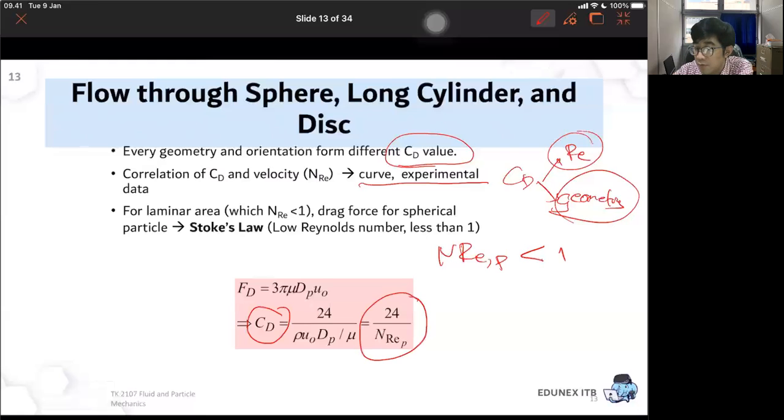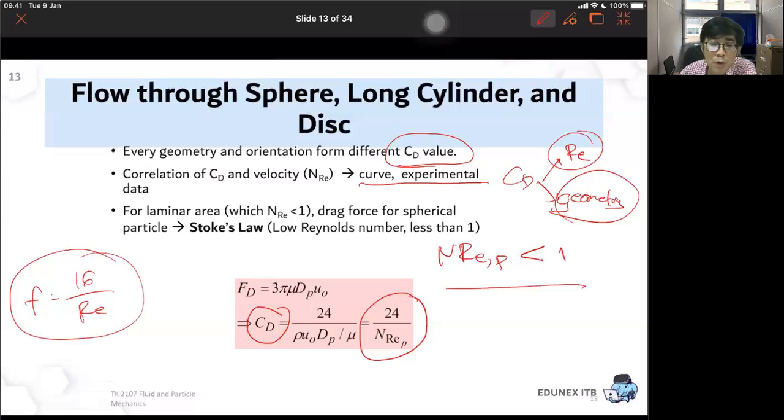This one is for the fluid, but the drag coefficient is 24 over the Reynolds number of the particle. This is special case number 1. For very small Reynolds number, usually below 1, we can use this formula to calculate the drag coefficient.